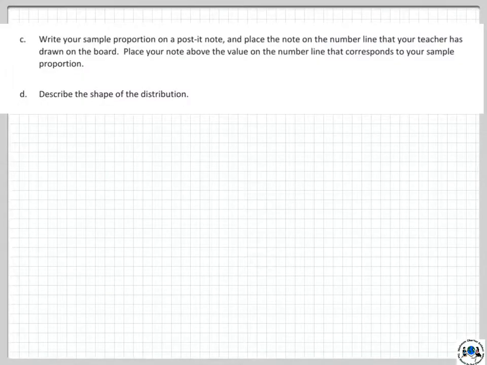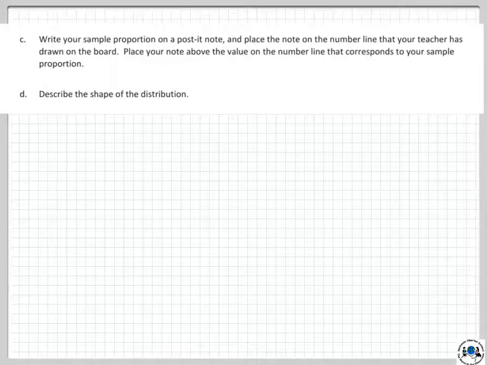Okay, as we did last time, we're not going to use Post-it notes because you are there and I am here. So I will go ahead and populate my sample number line with some data points, and they are going to be from the teacher's guide.